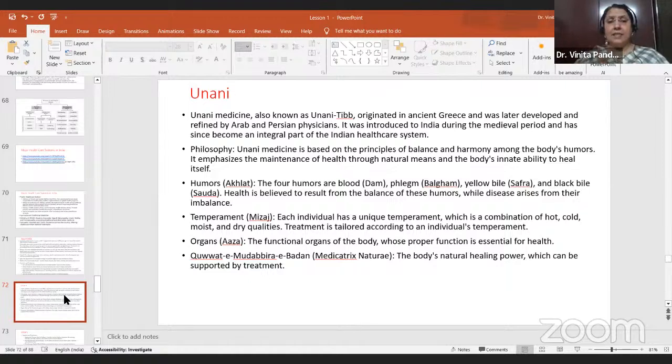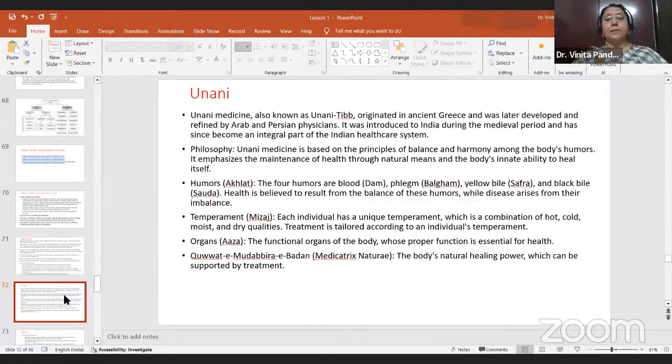What is the philosophy? As I just mentioned, when you talk about body humors, basically you're talking about the various dimensions of our physical body, and it tries to maintain health through natural means and the innate ability to heal. Now, one thing I'll take 30 seconds to explain in this point.